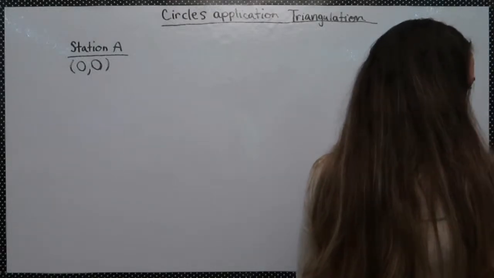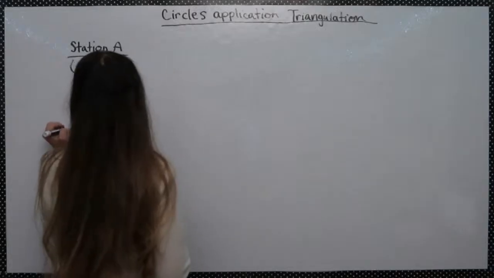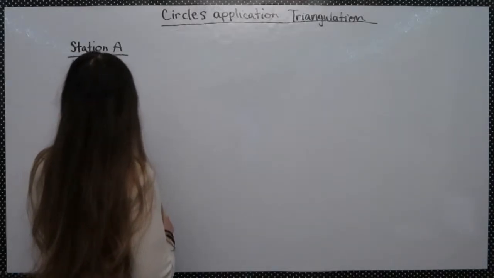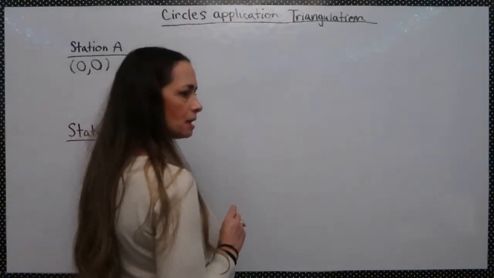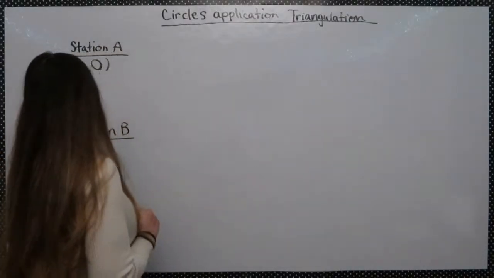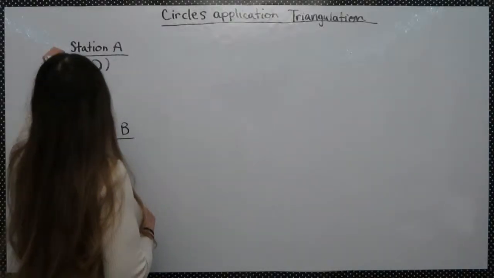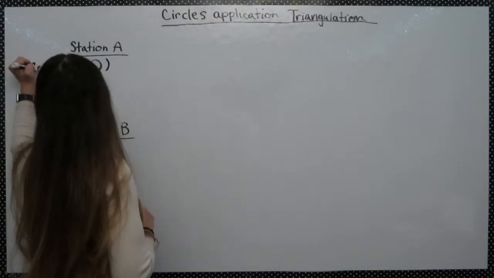And then station B. Go ahead and leave some room for station B here. This is a better one. Much better marker. Station B is at 8, 0. These are the centers, so we'll go ahead and list the center.